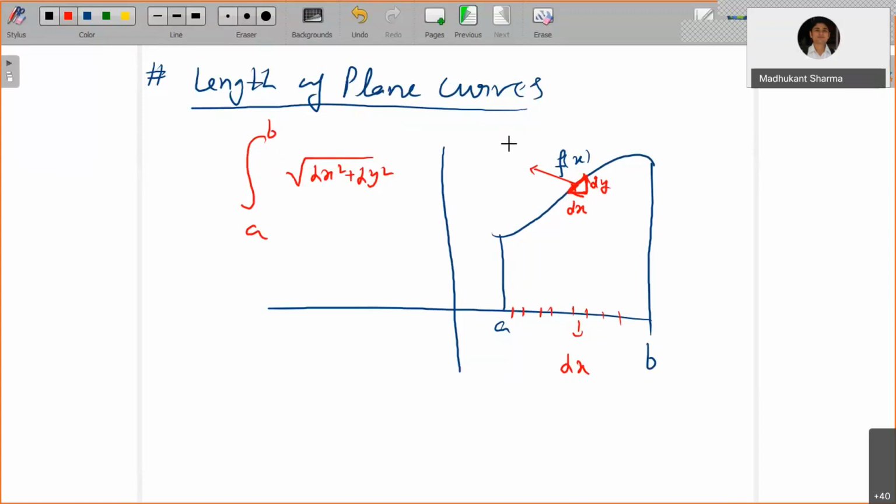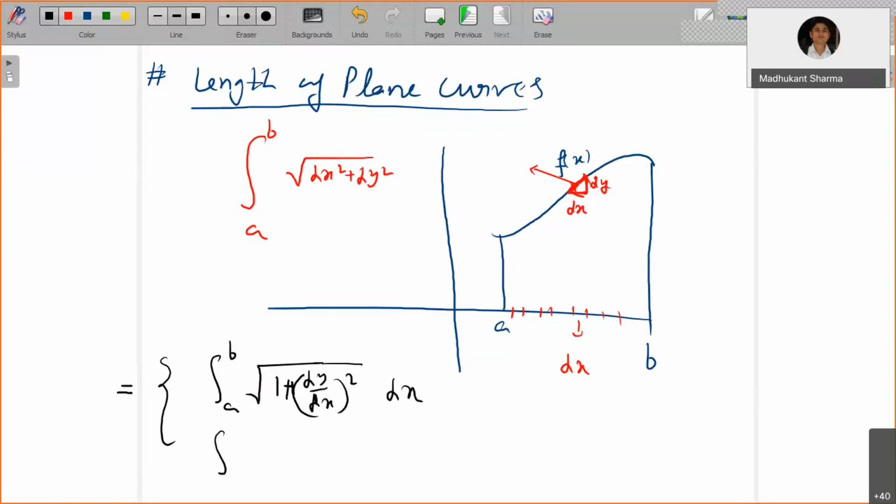Okay, so if y equals f of x, you can certainly identify dy by dx. If x equals a function of y, you can find out dx by dy. So you have to work accordingly. So this you can write in two forms. One form is the integration a to b of the square root of 1 plus dy by dx whole square dx.